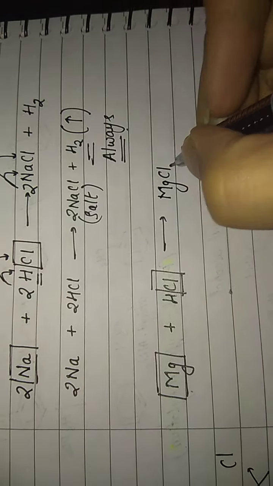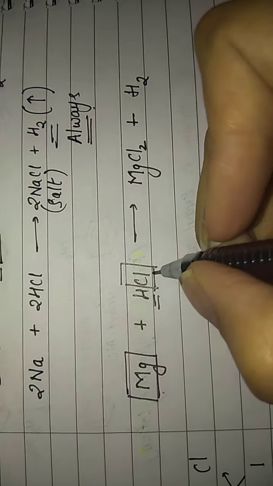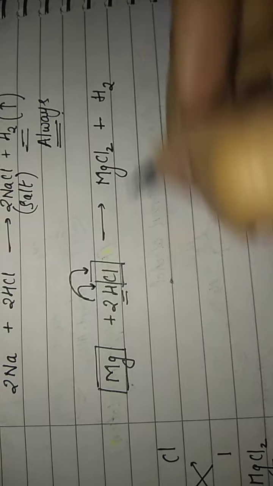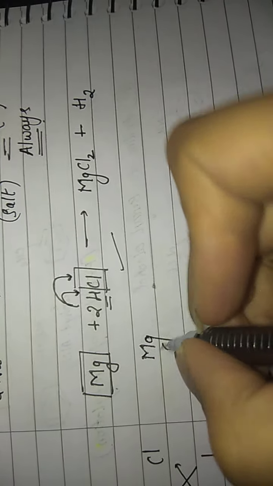My next step will be checking whether the equation is balanced or not. 1 Mg on the left, 1 Mg on the right, balanced. 1 Cl on the left while 2 Cl on the right. So I write a 2 here. But this 2 will be multiplied with both H and Cl. So now 2 Cl on the left, 2 Cl on the right, 2 H on the left and 2 H on the right. So this is my balanced equation. I am writing it once again to make it clear.